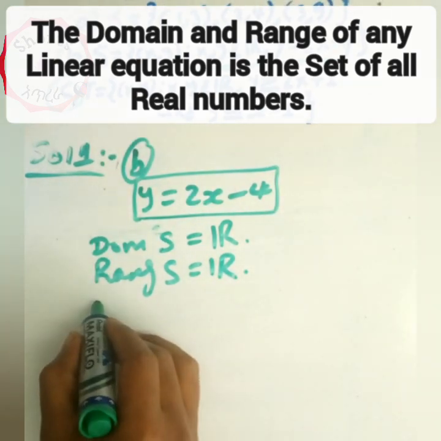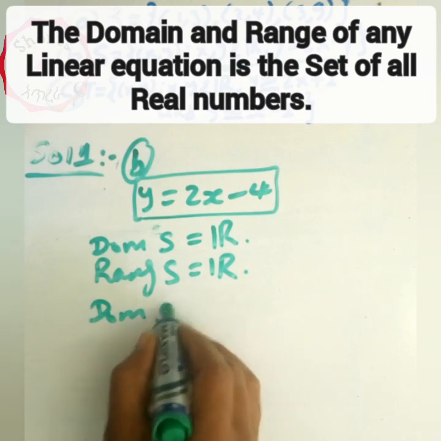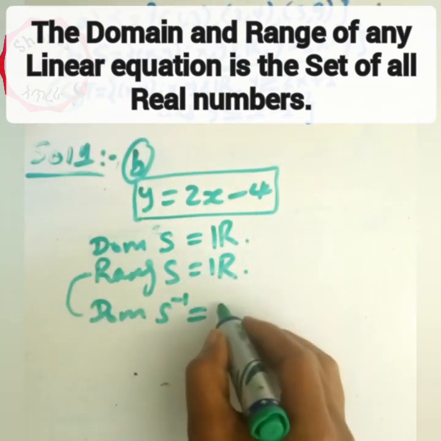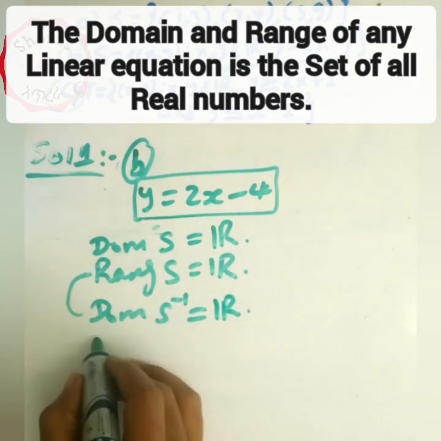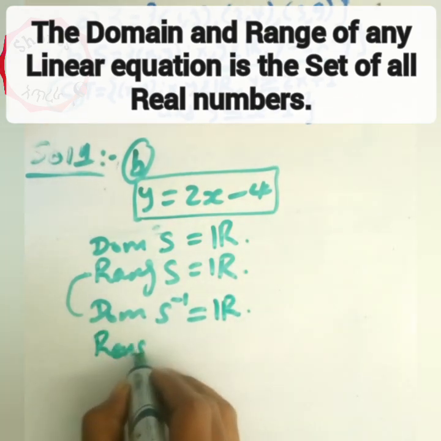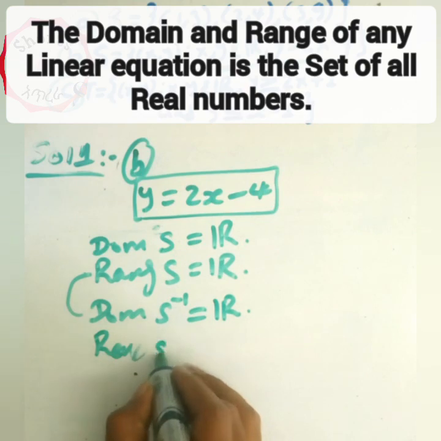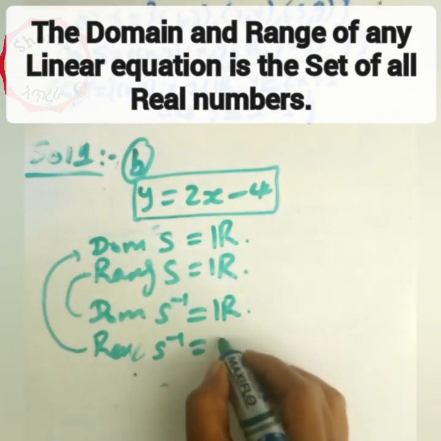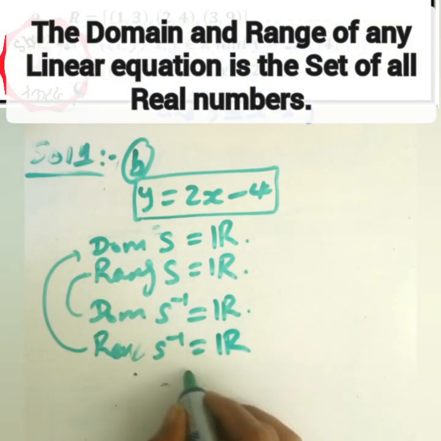In contrast, the domain of S inverse is the range of S, which is again real numbers, and the range of S inverse is the domain of S, which is real numbers.